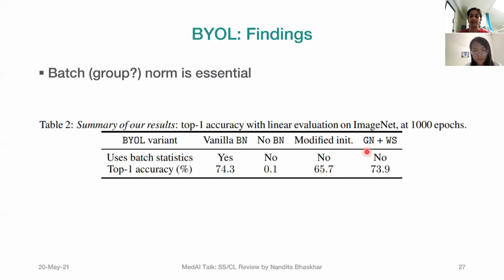And if you perform some kind of weight scaling as well as group normalization, then you get pretty equivalent performance. So the idea behind all of these batch norms, group norms, or modified initializations is to redistribute the weight values across the two networks. This is actually the thing that prevents the two networks from collapsing.